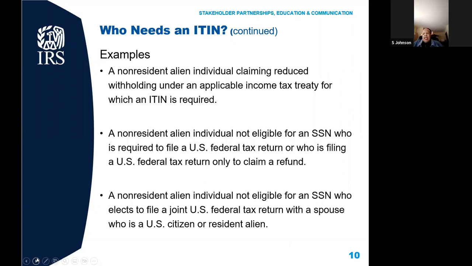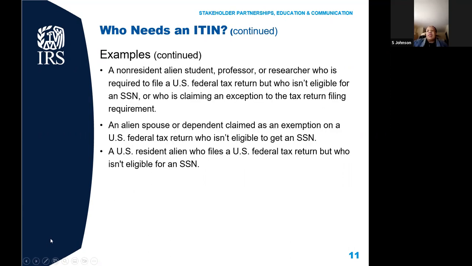A non-resident alien not eligible for an SSN who elects to file a joint US tax return with a spouse who's a US resident or US citizen. We often find a lot of that, and we welcome the applications.